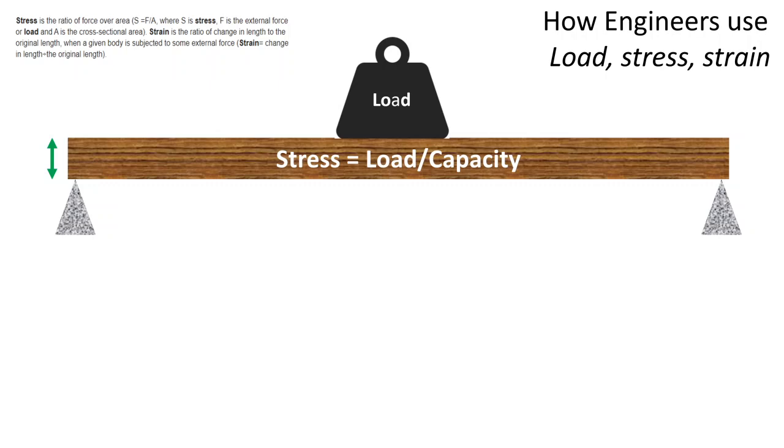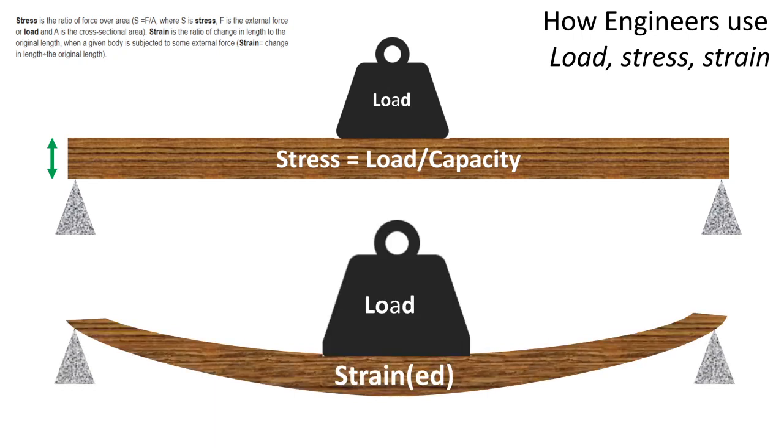All right. And then what they would say is if the load gets big enough, then that object that's being tested, that steel beam or wooden beam or whatever it might be, will actually change shape. It will become deformed. And that deformation can actually be measured, and that deformation is, by definition, strain. Now, when the load gets removed, in some cases that wooden beam would just snap back quickly to its original shape.